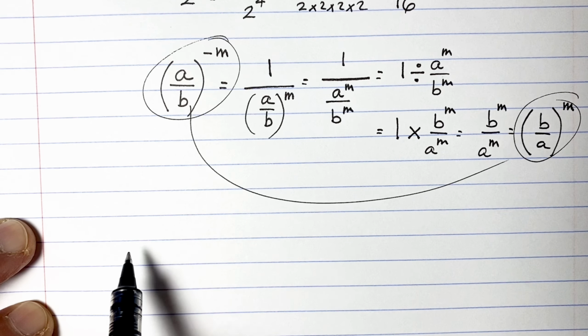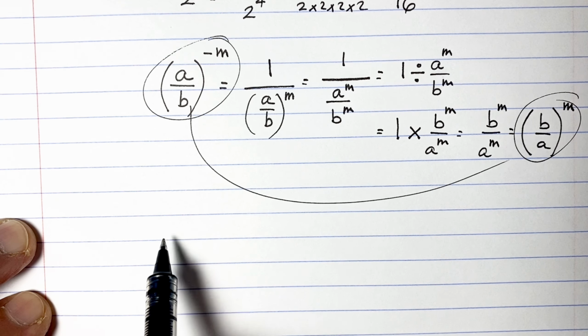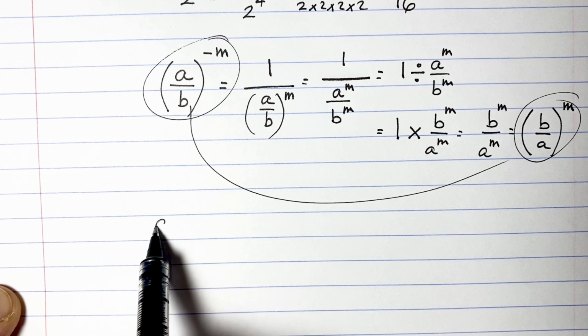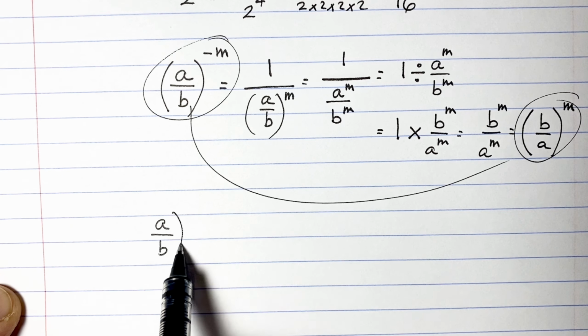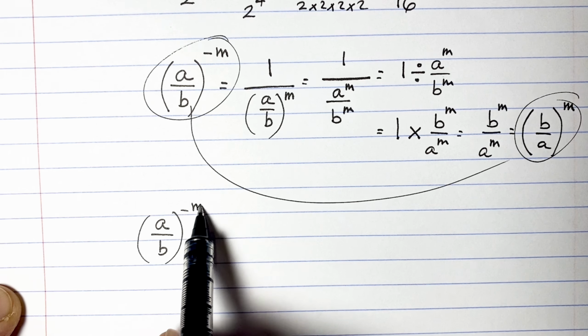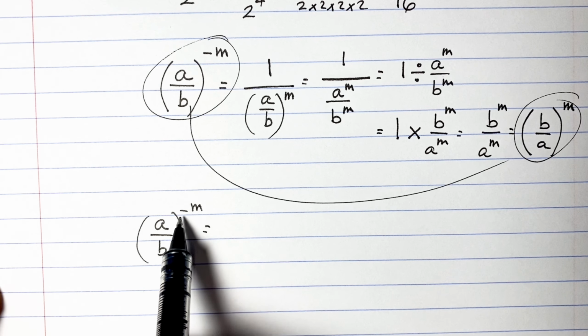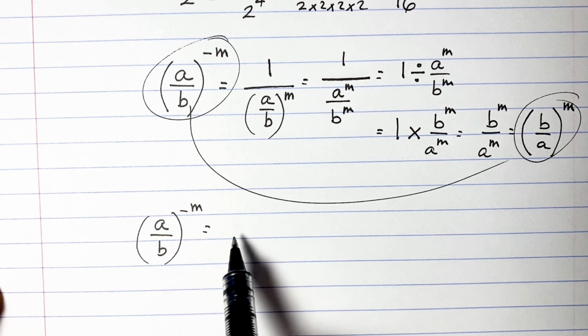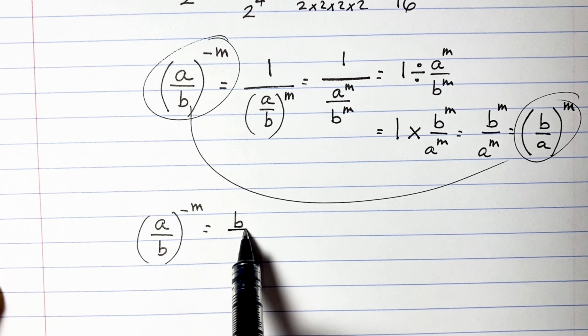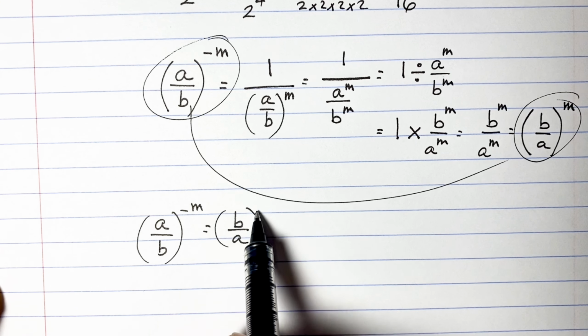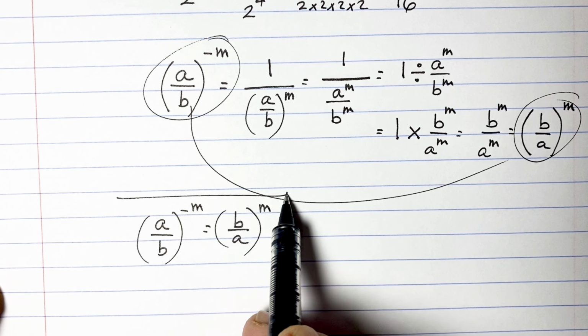So another law number 4, when you're dealing with fractions, is when you got a over b to the power of minus m. All you have to know, the minus of the power turns the fraction upside down. That becomes b over a to the power of plus m.